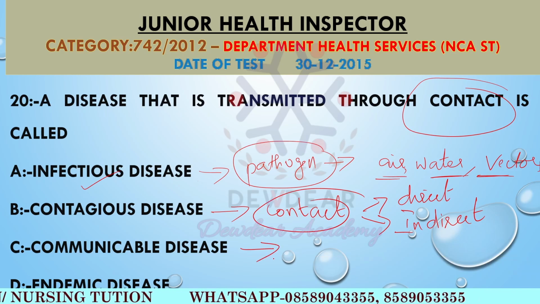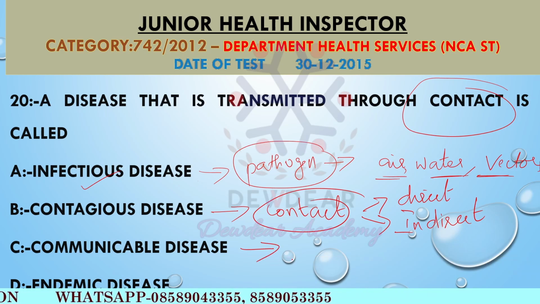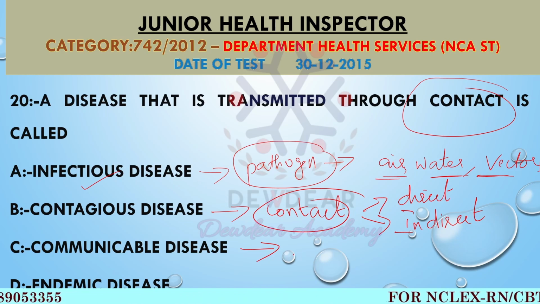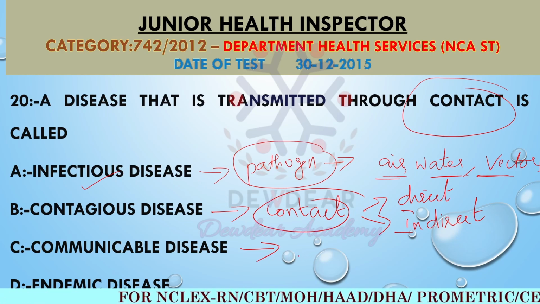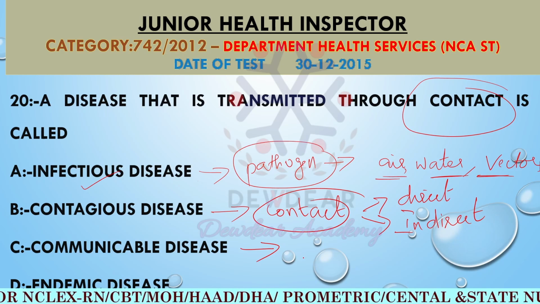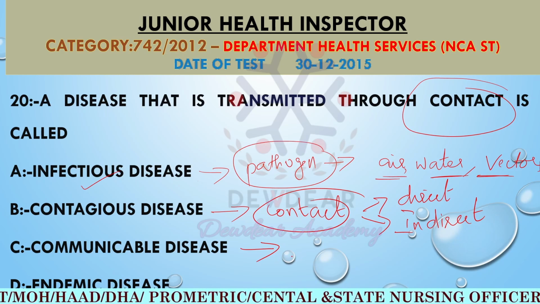Then what is communicable disease? Communicable disease means the diseases that can be transmitted from one person to another, but it is not always through contact. This can occur through contaminated water or mosquito bites.